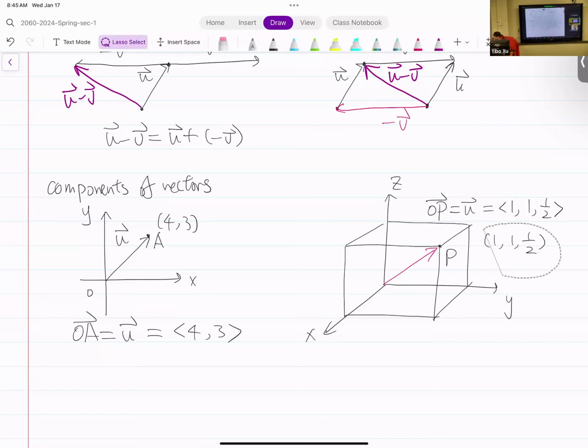It's P. And the coordinates, okay, so this tells you, one, one, one half, right? So the x-intercept, I would say, is 1, the y-intercept is 1, the z-intercept is 1/2. So this is just saying I'm moving 1 unit along the x-axis and 1 unit along the y-axis, and finally 1/2 above. So this is my vector u.